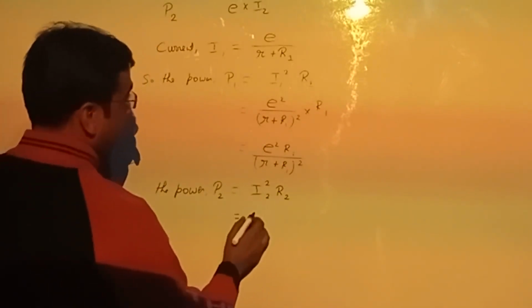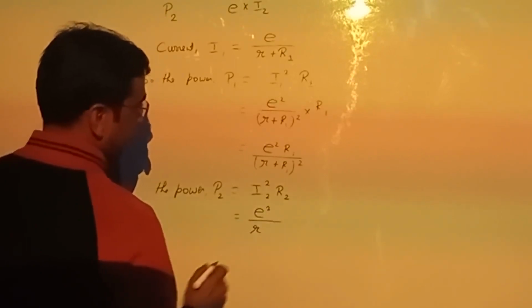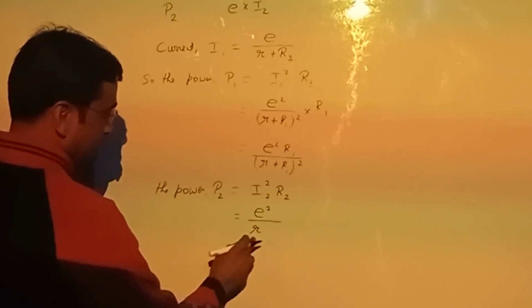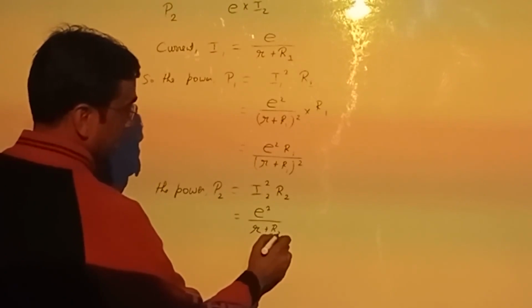The value of I square is taken with the potential difference the same and the internal resistance r also the same, and the outer resistance R2.